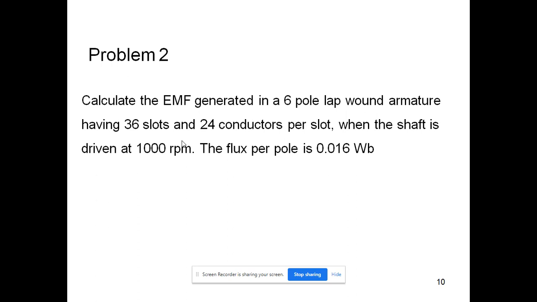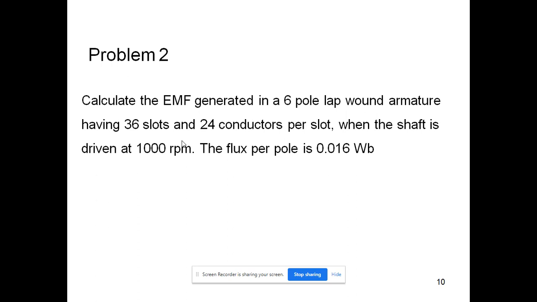Students, study the problem thoroughly once or twice, so that we can identify the given data, and we can also know how to solve the above problem.